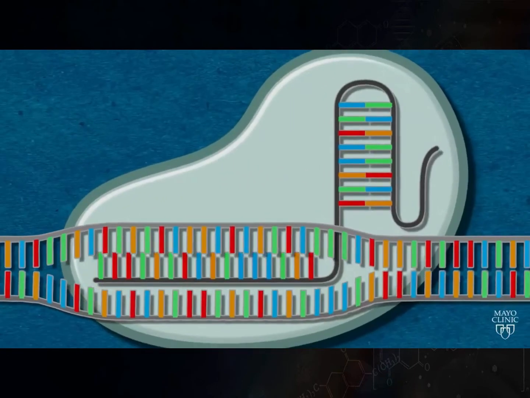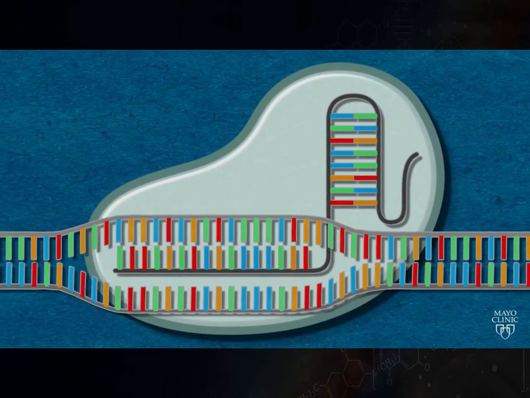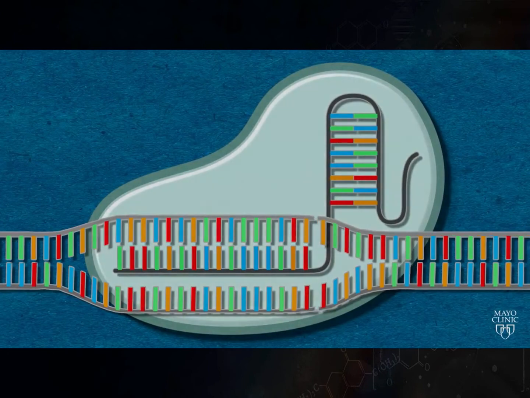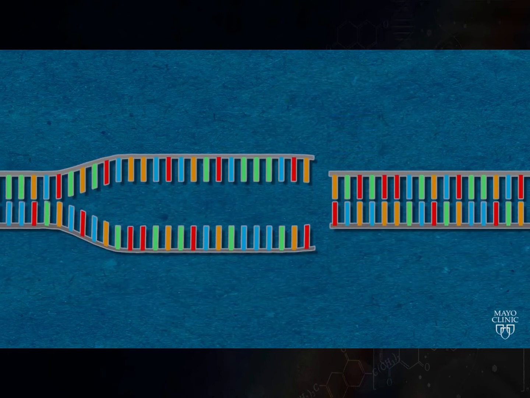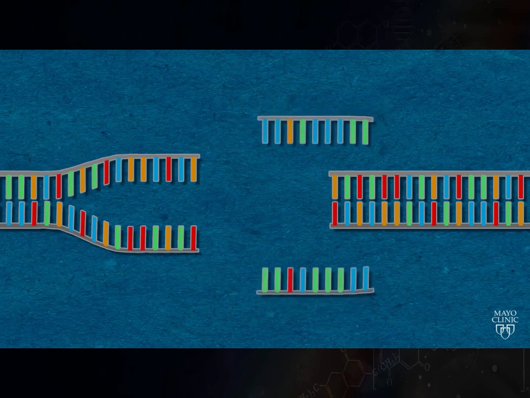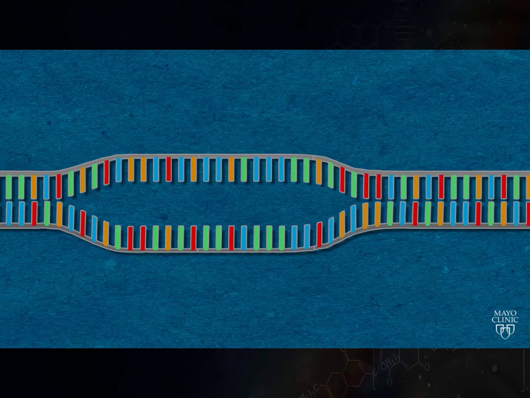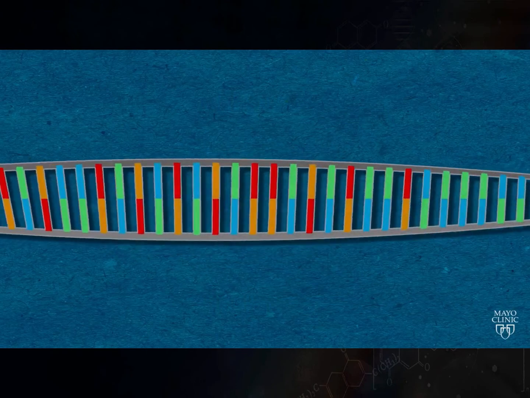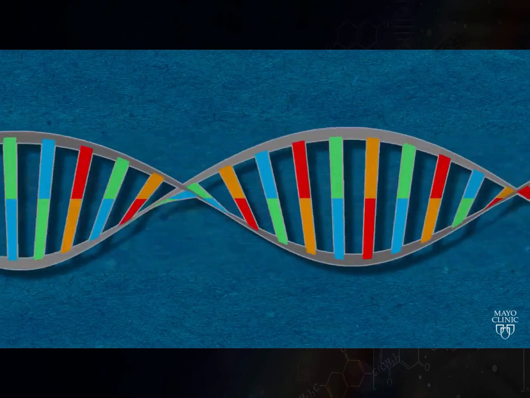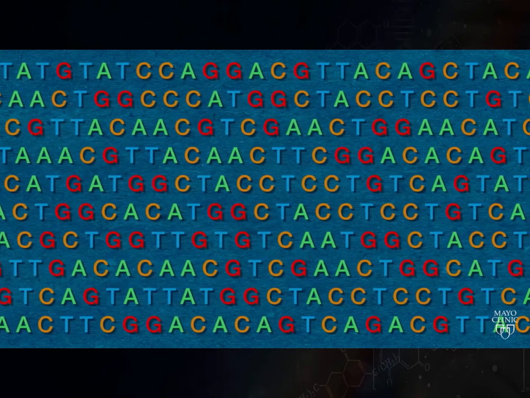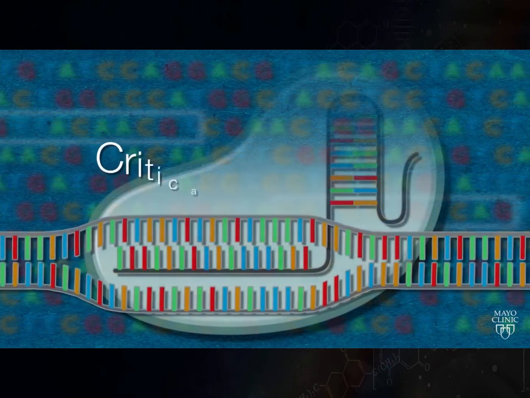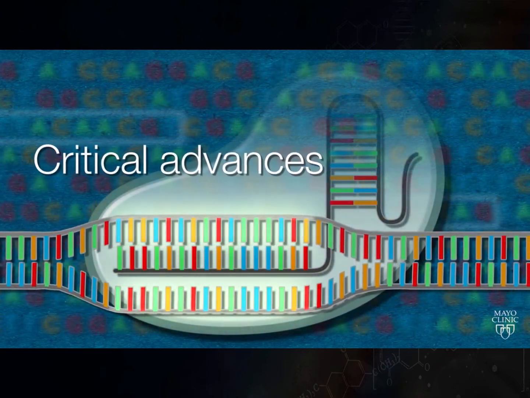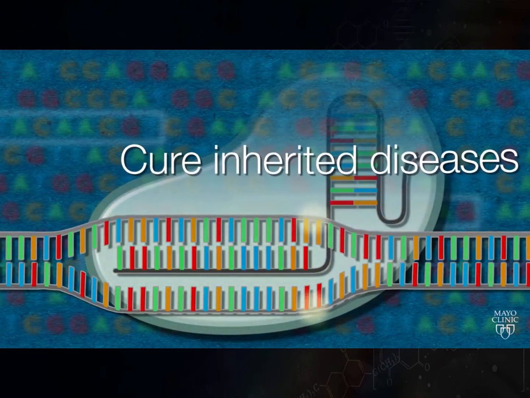It locates the target letter sequence and cuts the DNA. At that point, scientists can edit the existing genome by either modifying, deleting, or inserting new sequences. It effectively makes CRISPR-Cas9 a cut-and-paste tool for DNA editing. In the future, scientists hope to use CRISPR-Cas9 to develop critical advances in patient care, or even cure lifelong inherited diseases.